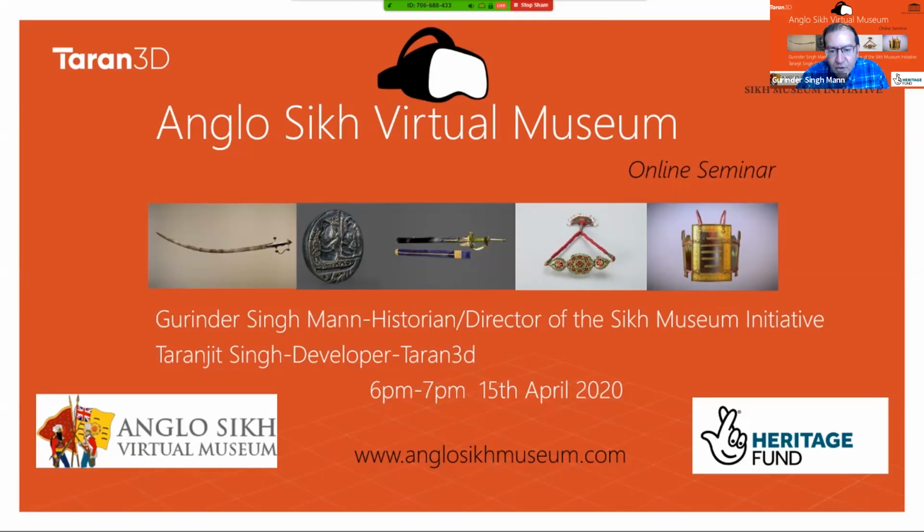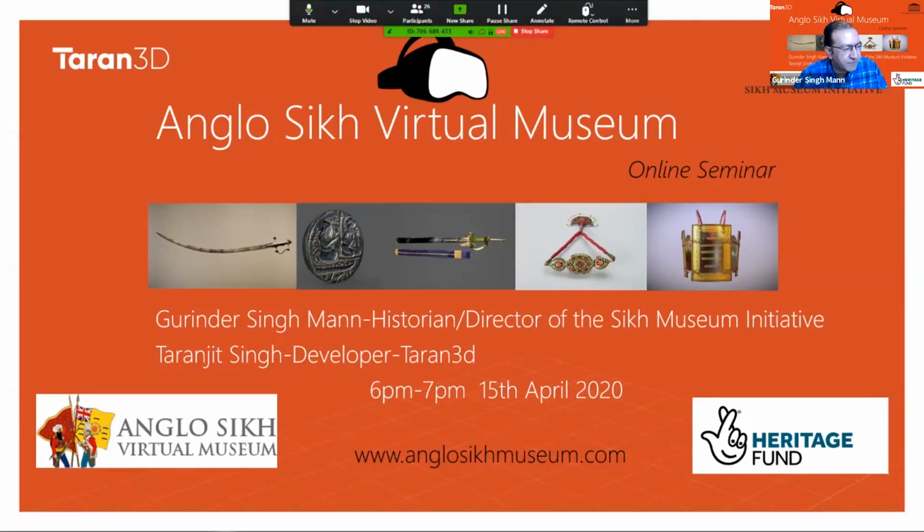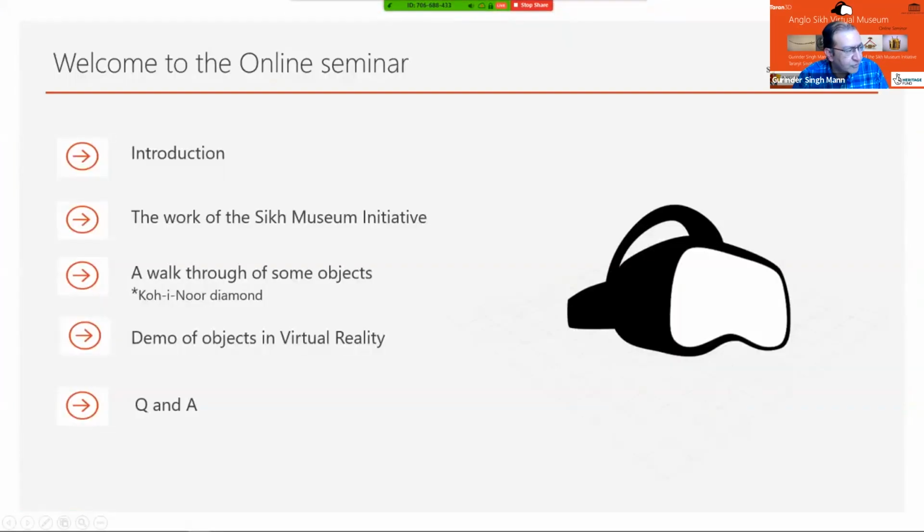If you can all see that, I'm going to move on to the setup of what we're going to be talking about. I'm going to talk about the Sikh Museum initiative itself. I'll give you a walkthrough of some of the objects that we have in our 3D museum, so to speak.